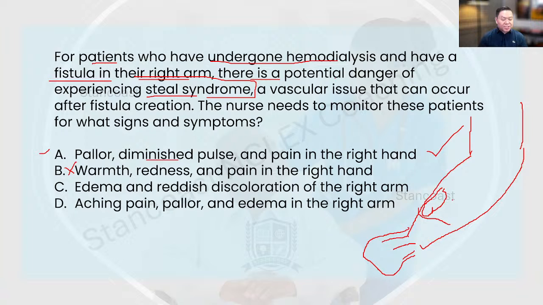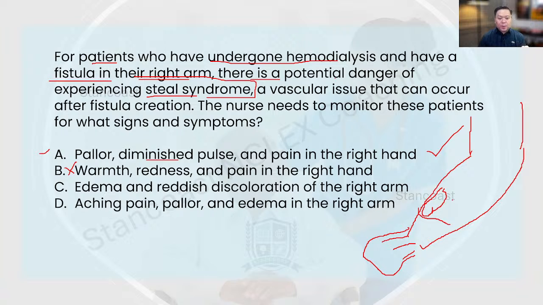What about letter C? Edema and reddish discoloration of the right arm. What about that? Well, edema and reddish discoloration can signify swelling. That could happen in other conditions. So if you're going to think about edema, usually you're going to be entertaining a venous type of issue. But here we are dealing with an arterial type of problem. So you're going to have to eliminate that.